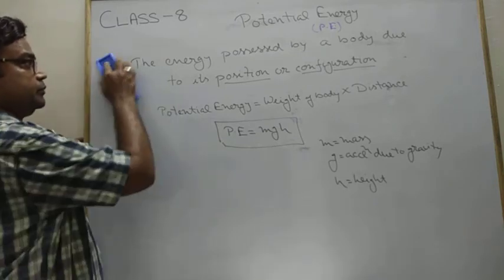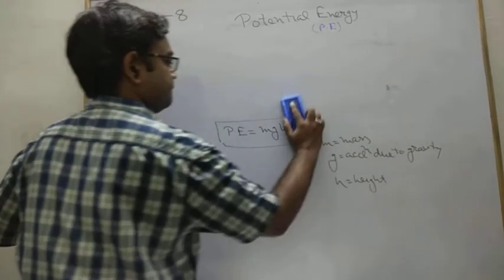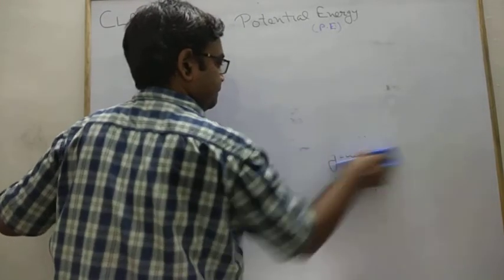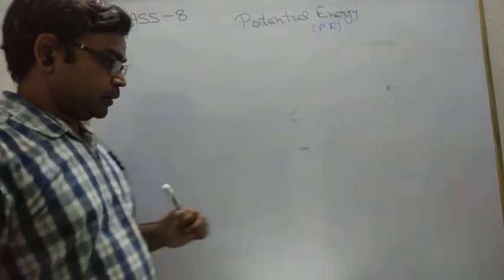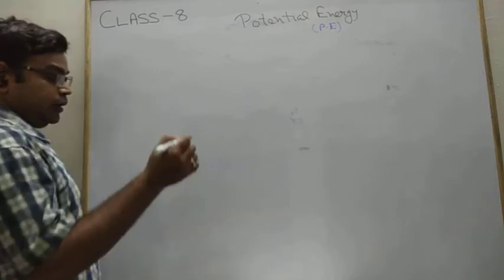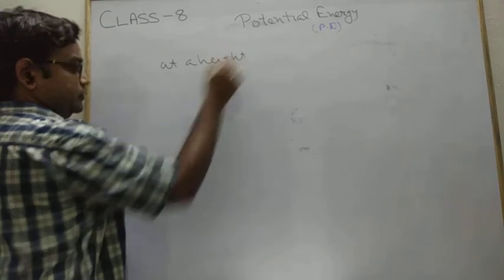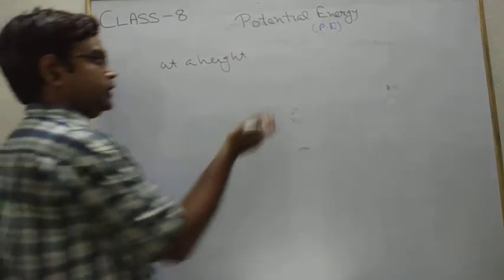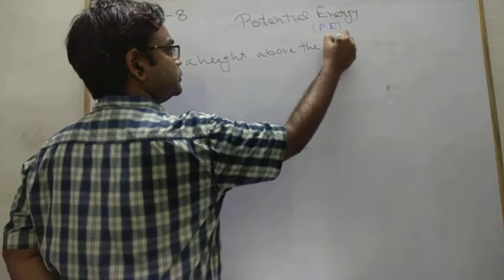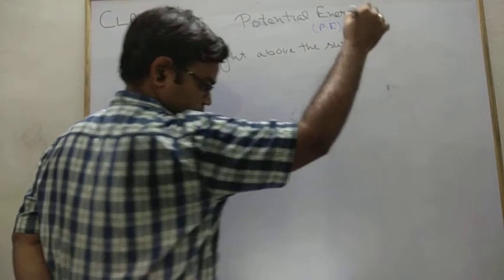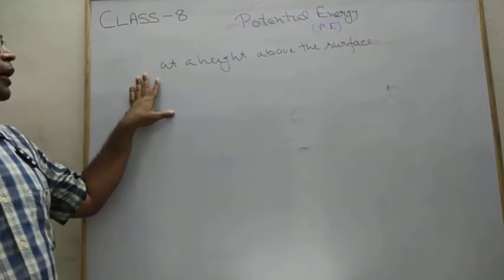Let me write this part. The potential energy possessed by a body at a height above the surface or ground is known as gravitational potential energy, or simply GPE.